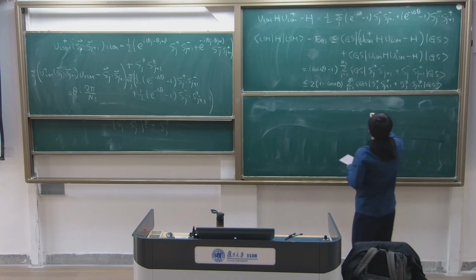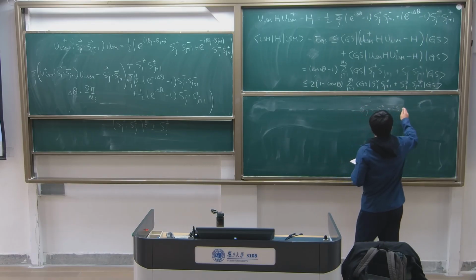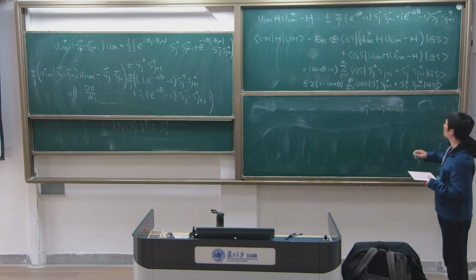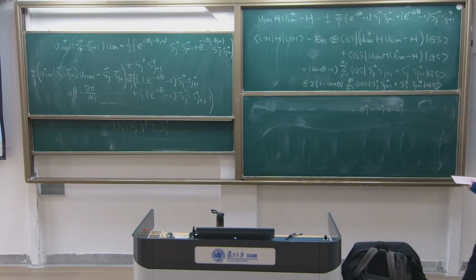Sorry. Let's try. So S plus J is X, J plus 1 is Y, J. Is it correct? Yes. And the plus minus is like this, right? Okay.